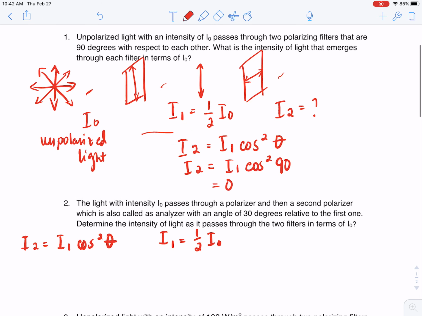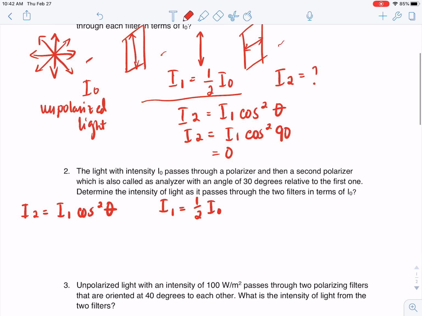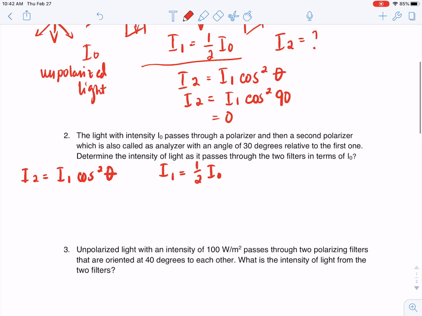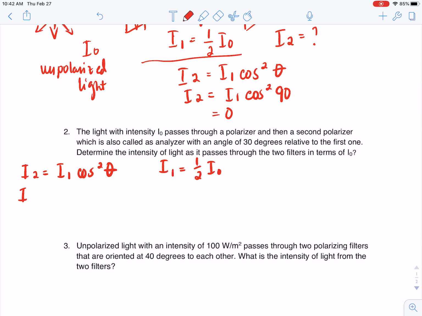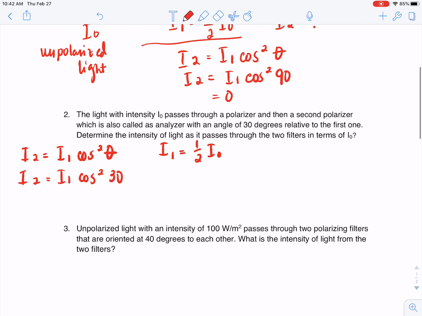So I sub 2 is equal to I sub 1 cosine squared 30. We know that cosine 30 is equal to square root of 3 over 2. That means I2 is equal to I1 times square root of 3 over 2 squared, so I2 is equal to 3/4 I1.